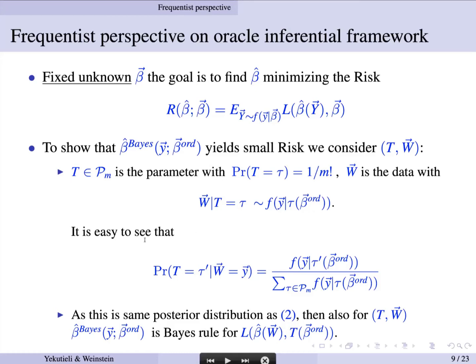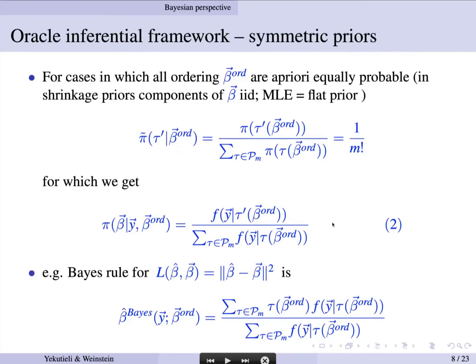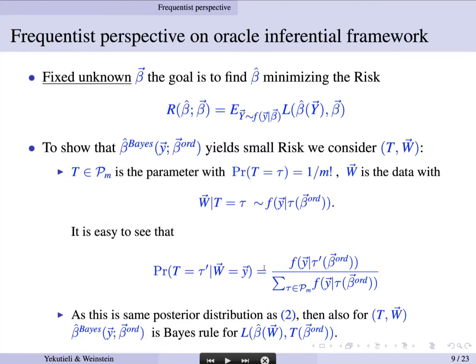Because it's easy to see, in this made up example, the posterior distribution that tau equals theta prime, which is our correct distribution, given that W is Y, is this guy. Do you remember this guy? This guy is the same as the posterior distribution in 2. This is the same guy we've had in our problem.